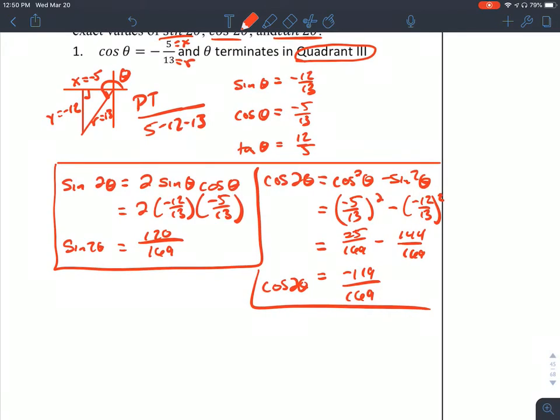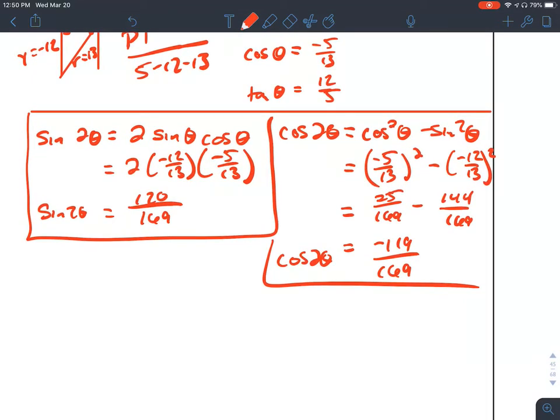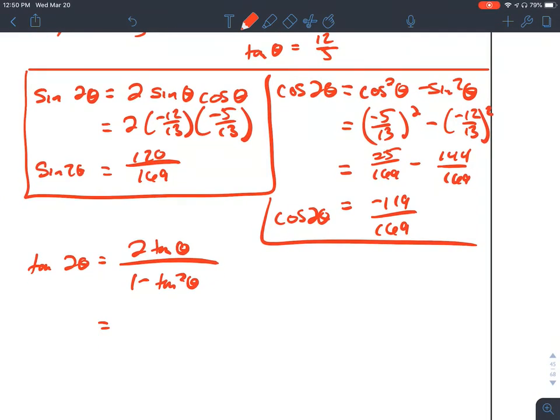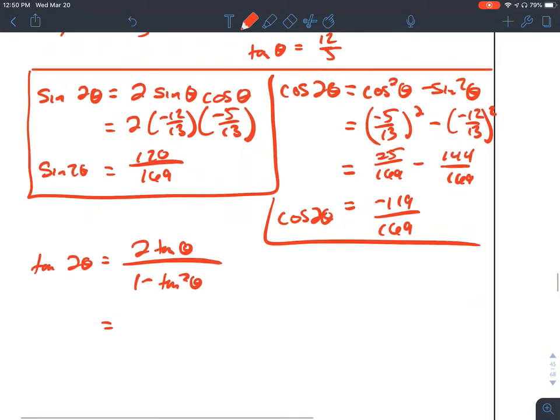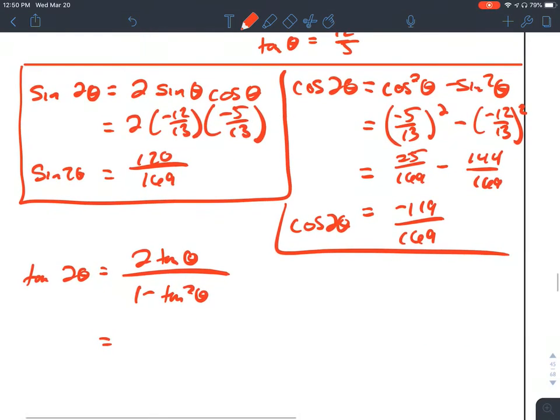Third part of this, figure out what tangent of 2 theta is. Tangent of 2 theta is equal to 2 times tangent of theta divided by 1 minus tangent squared of theta. We know that tangent of theta, according to what we have written up above, is 12/5.